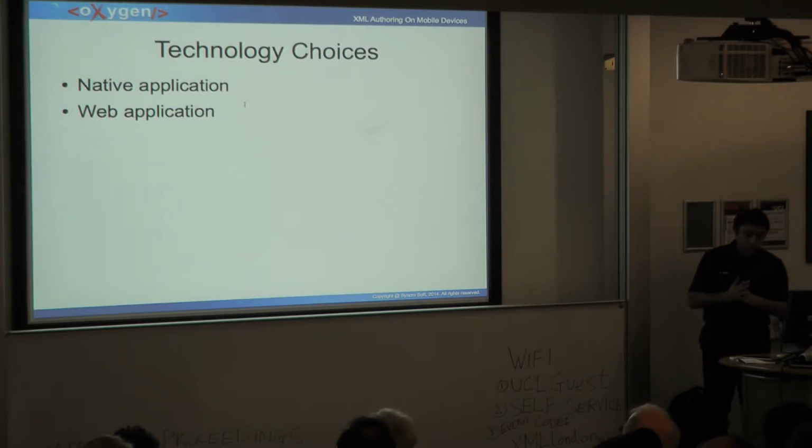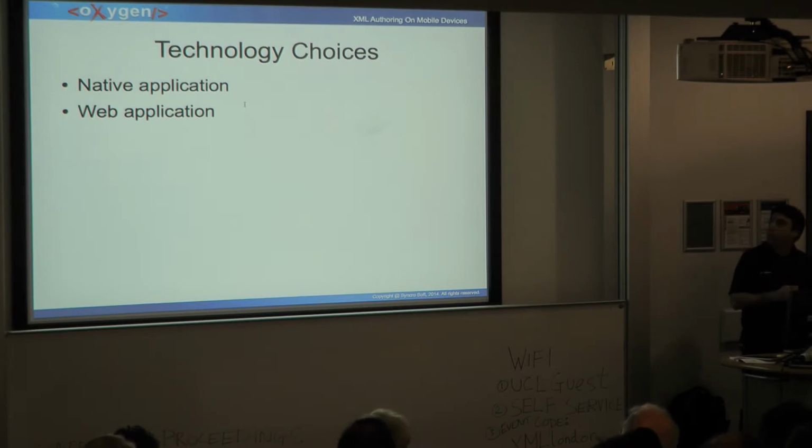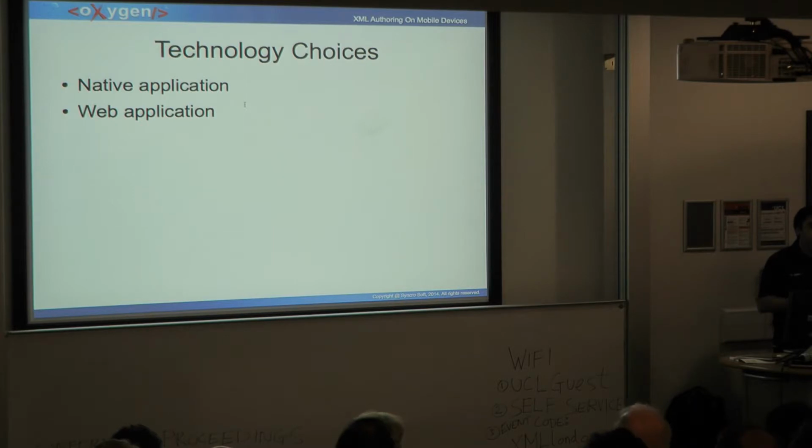Now, when we started to look into this more than a year ago, we faced a question of where we should go. Should we have a native application or a web application? There are many issues with the native app. On devices, you need to go to each app store, and you need to develop, and there are different technologies for each of them: Android, Windows phones, iPhone, iPad.